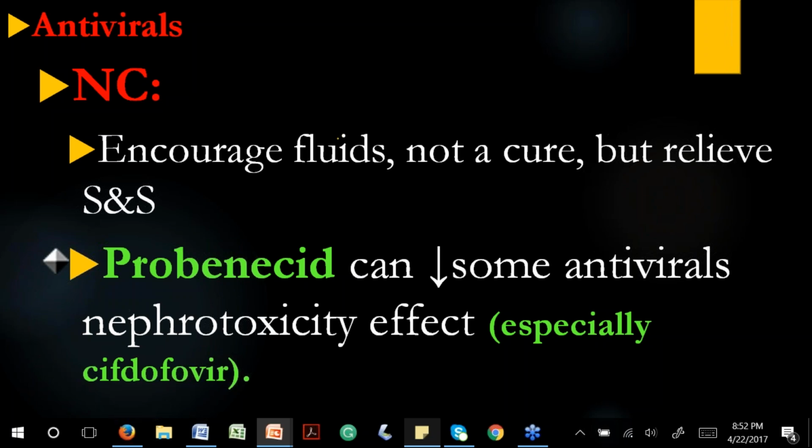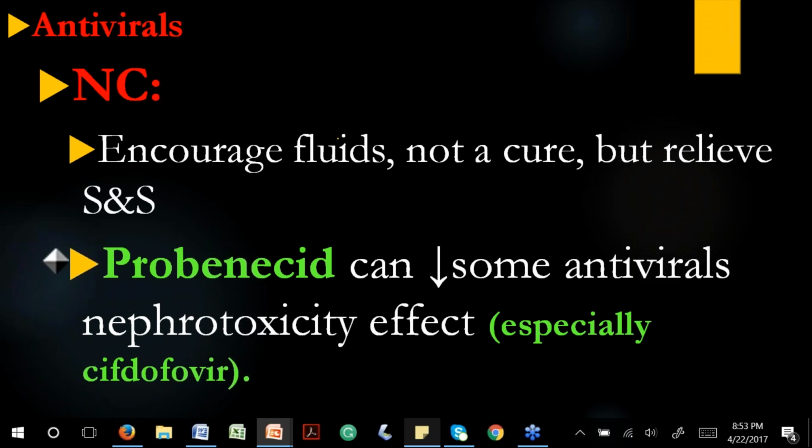Probenecid, in addition to the antivirals, is a medication that is going to decrease the nephrotoxicity of the drug, especially cidofovir, that is an antiviral. But in general, please just remember, probenecid in many cases is going to be used with antivirals, especially in the long-term treatment with antivirals. Okay, all right.